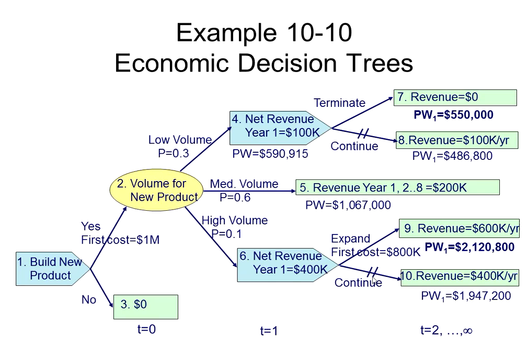So now if we get the high volume, we're definitely going to expand, and so we're going to go back and compute the present worth for this situation for high volume. So now we have present worth for low volume, for medium volume, and for high volume, and we have their probabilities.